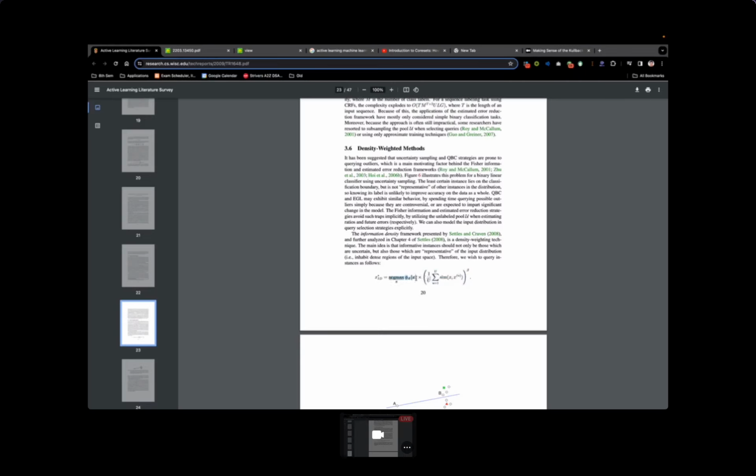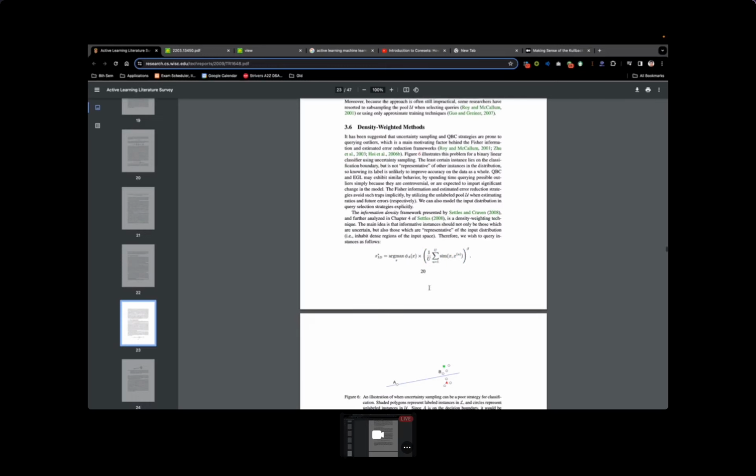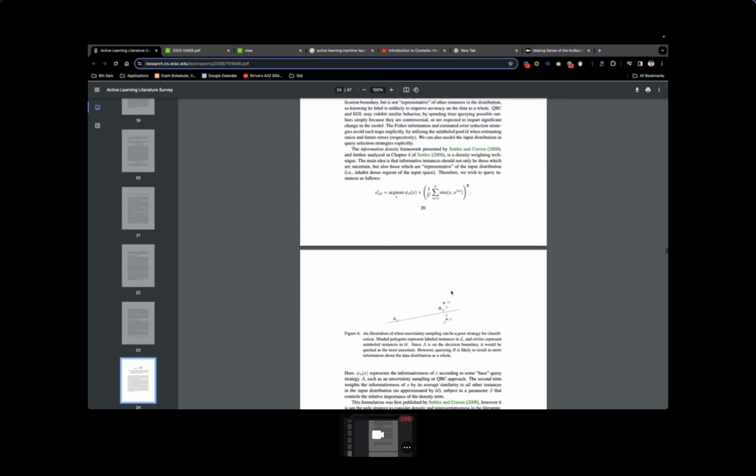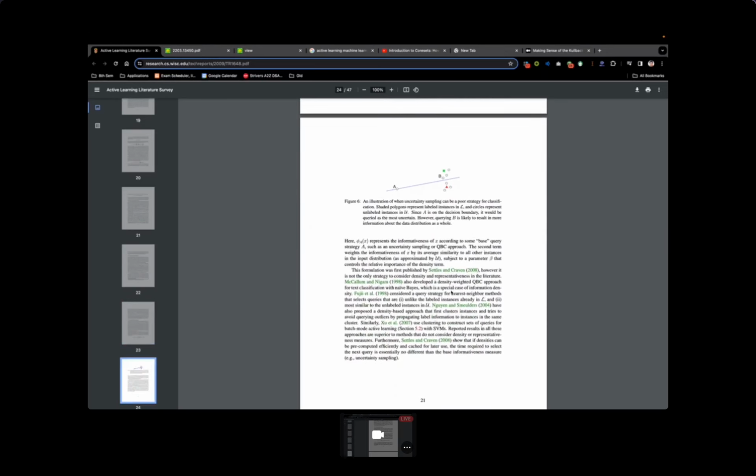For example, you can compute this and store. You can compute this and store. This will reduce the overall complexity, and you can implement this. Also, there's a beta parameter. For example, how much weight you want to give to the representative thing. If beta is zero, then it's only uncertainty, kind of like that.